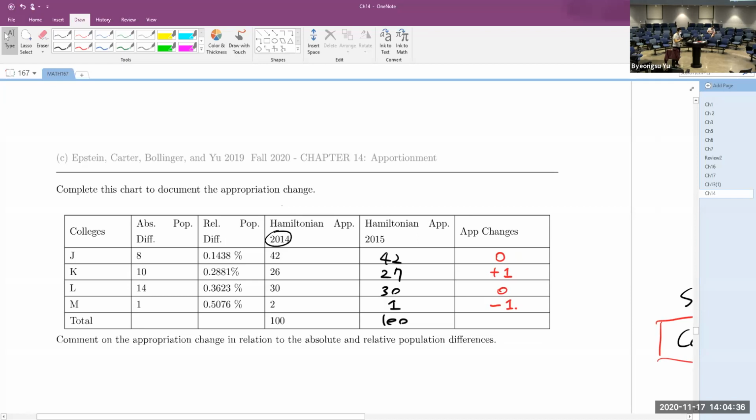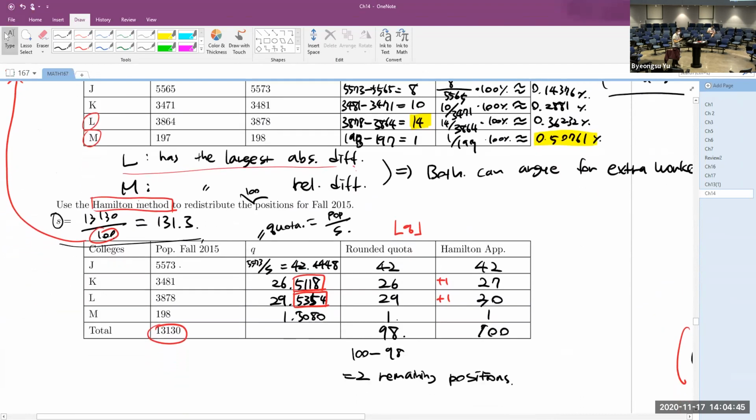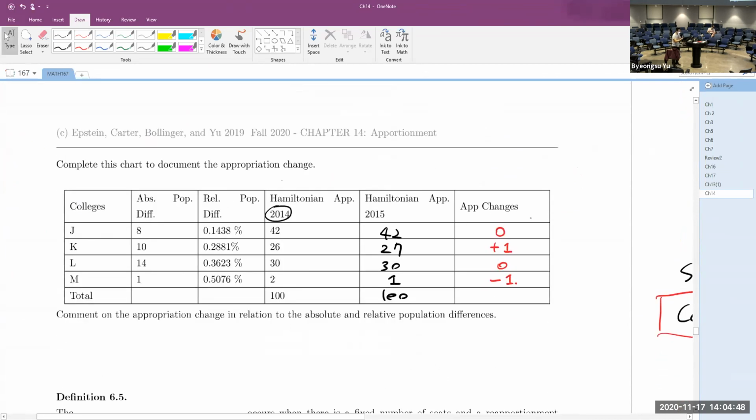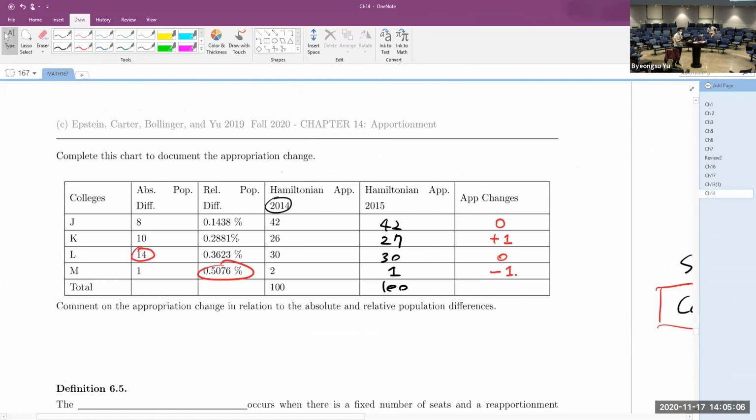But we know from the previous calculation that L has the largest absolute difference and M has the largest relative difference. So even if M has the largest relative difference, it loses one student worker, right? And K gains a worker without having the largest relative or absolute difference.